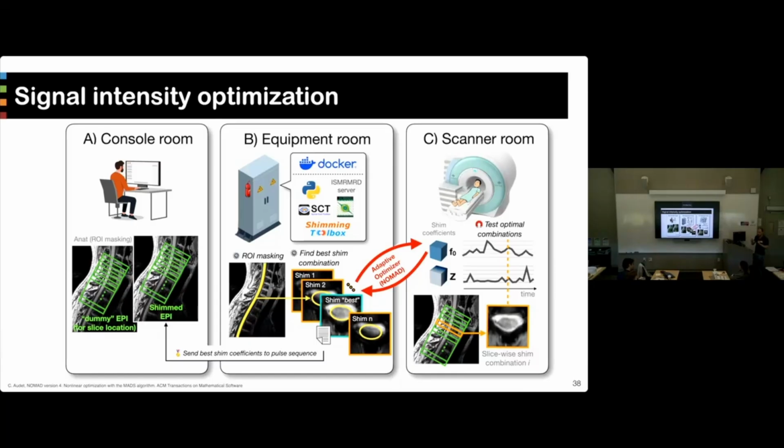The image gets reconstructed. We send it back to the reconstructor. We calculate the signal intensity in the spinal cord, and then according to that, we can suggest a new shim value.